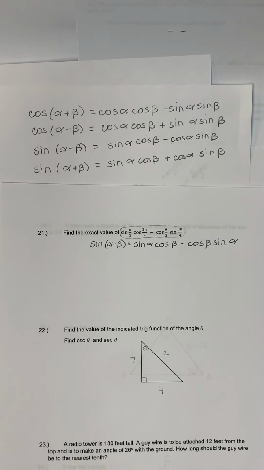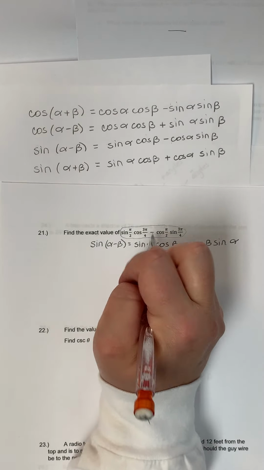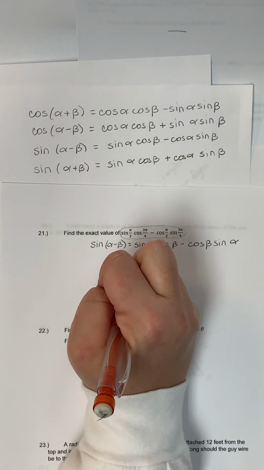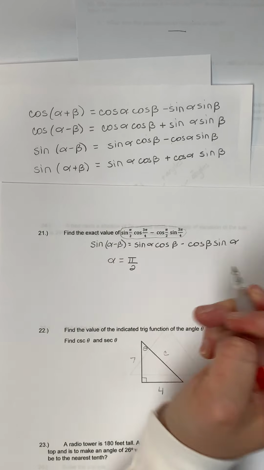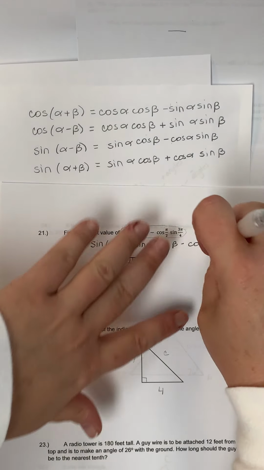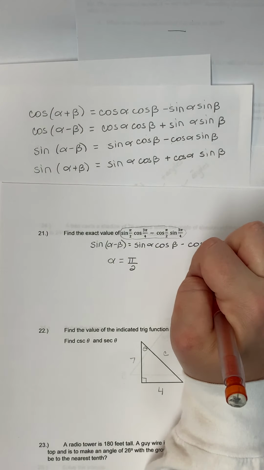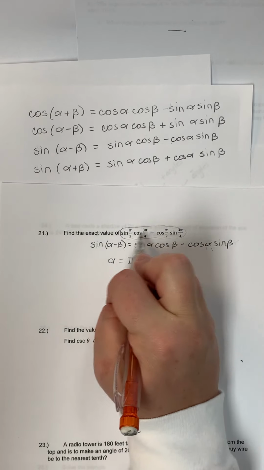All right. So my alpha is pi over 2. I screwed this up. I told you I'd figure out a way to do that. Okay, there we go. This is alpha.